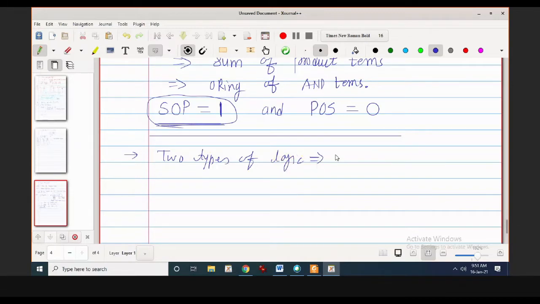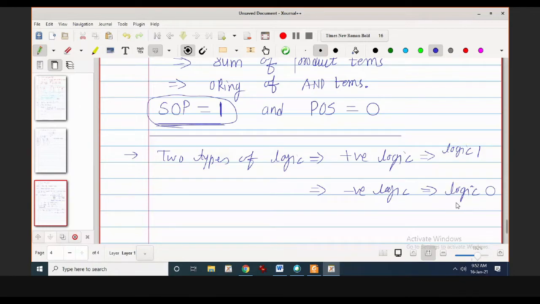The very first type is called positive logic, and the second one is called negative logic. In positive logic we give importance to logic 1, and in negative logic we give importance to logic 0.